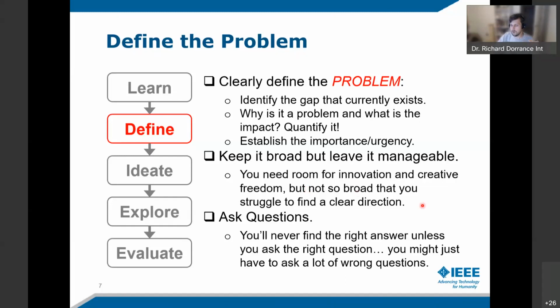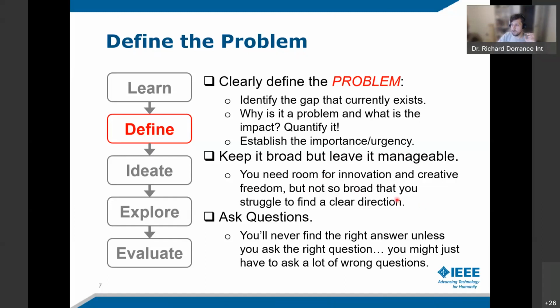But if you define that problem as too small, you're going to struggle to find any room for innovation or creative freedom in how you try and solve that problem.